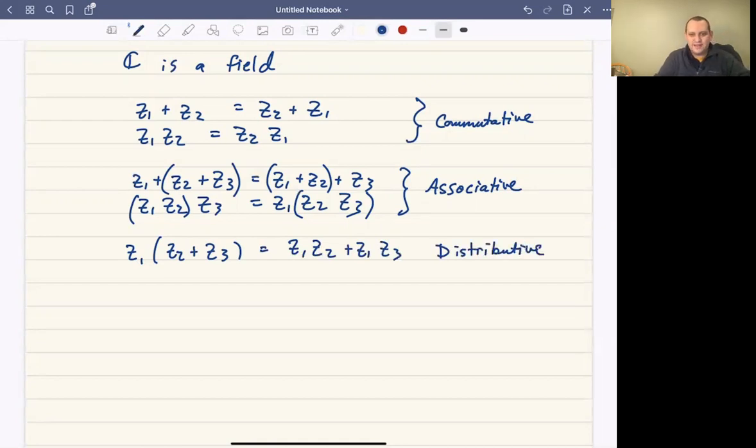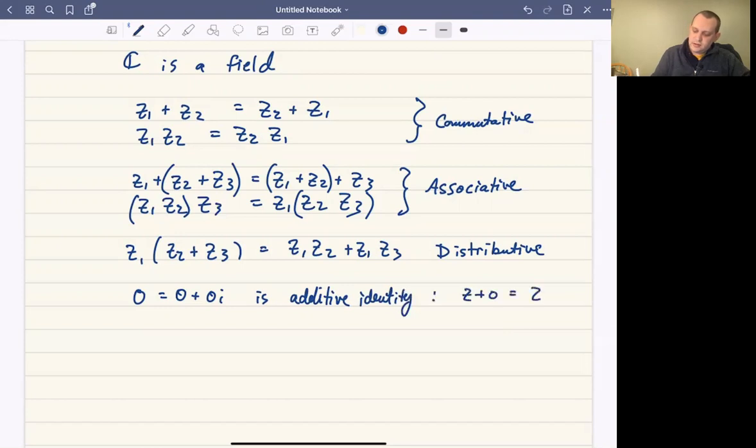There's also identities. If you were to take the number 0, and by 0 I mean 0 plus 0i, so 0 is a complex number. This is the additive identity, meaning that z plus 0 is z for all values z.